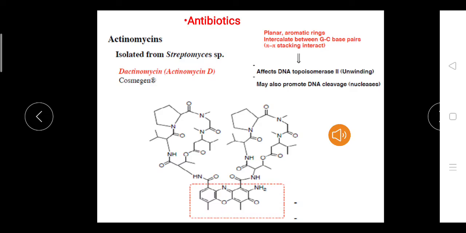Dactinomycin has L-threonine, D-valine, L-proline, N-methylglycine and L-N-methylvaline amino acids. These are attached to each other, forming peptide bonds. The hydroxyl group of L-threonine forms a lactone ring with L-methylvaline.